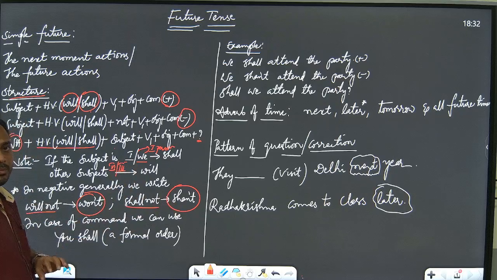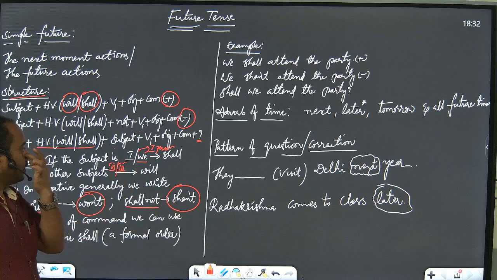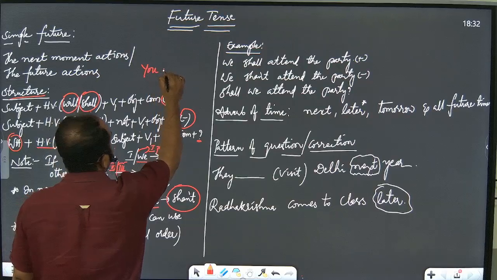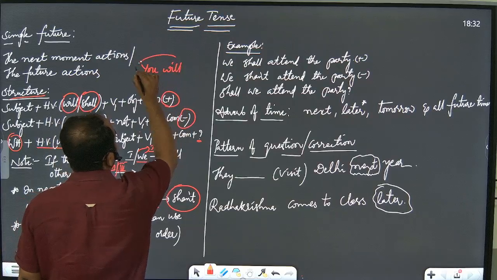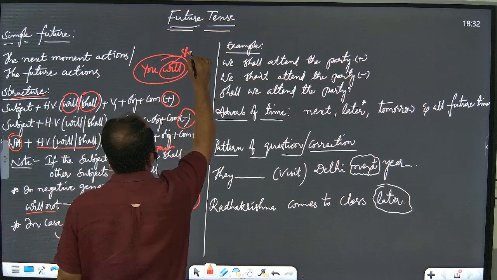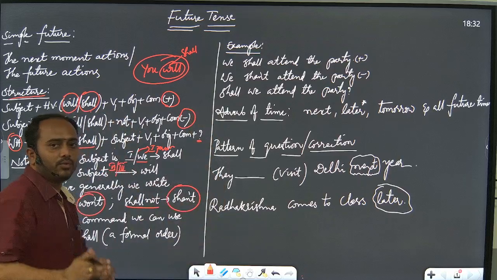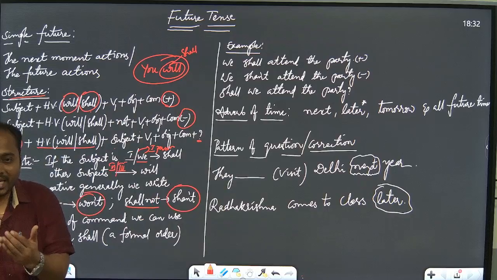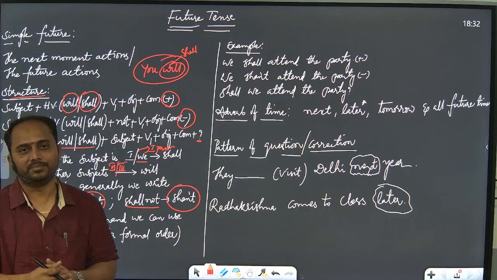And one more, there is a possibility of correction. Whenever you write a sentence with you, generally the helping verb is will, but sometimes you can write you shall also. So what is the meaning of you shall? Suppose there is my superior, an elder, and I want to command something to him.